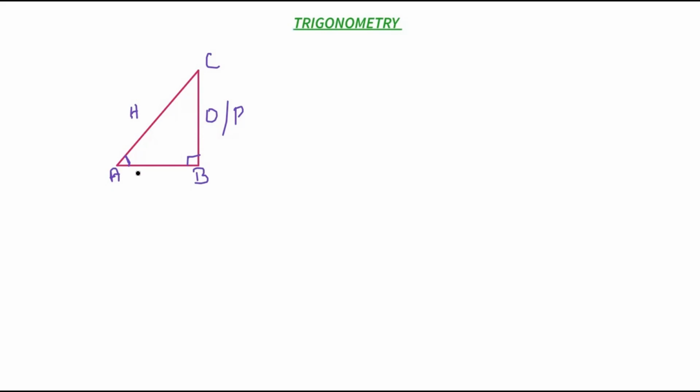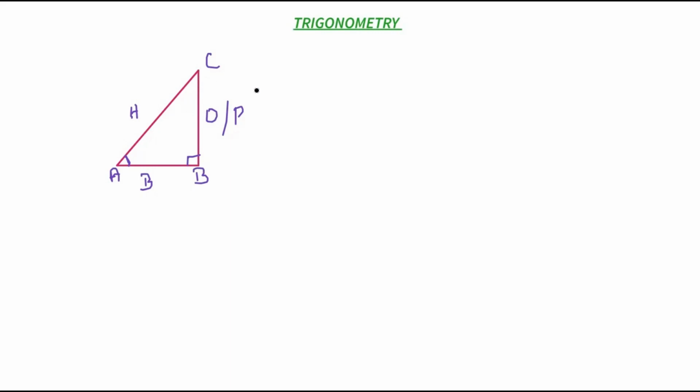So the side exactly opposite to the reference angle is the opposite side or the perpendicular side. And the side which is directly adjacent, adjacent meaning nearby, with reference to angle A is AB, our base. Now we have named our sides: AB is the base, BC is the perpendicular and AC is the hypotenuse.